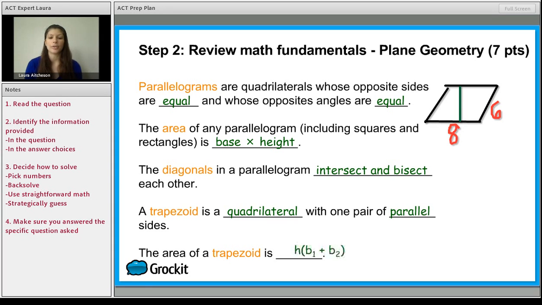The formula for a trapezoid instead is 1/2 height and then in parentheses base 1 plus base 2. That's kind of hard to remember, but actually what they're trying to show you, and I'll show you this guy.